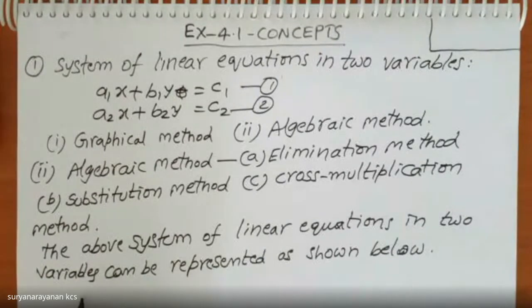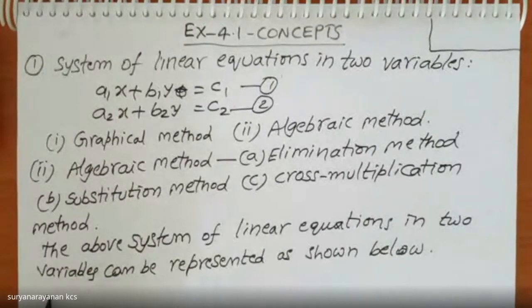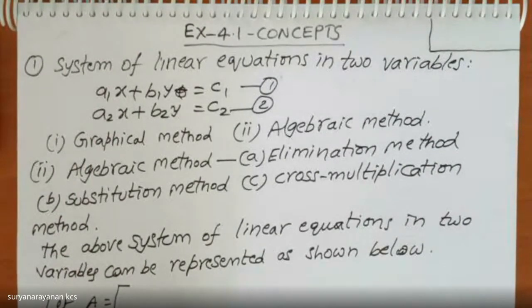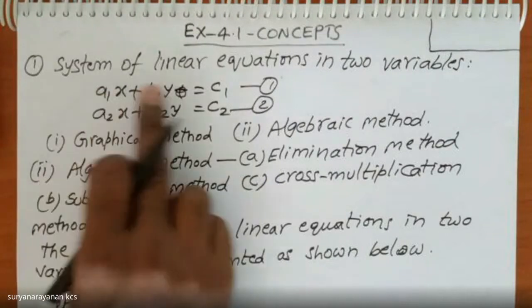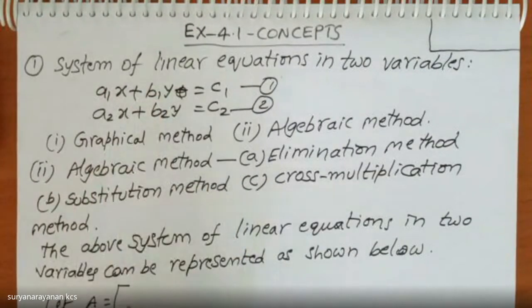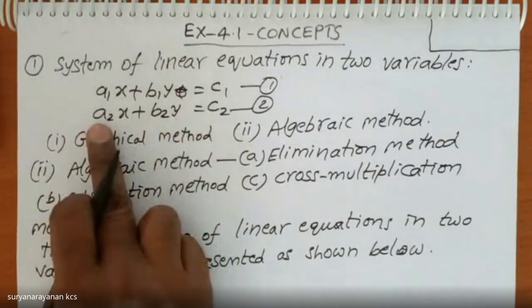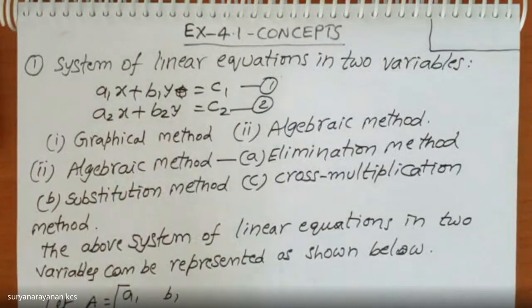We can represent these two system of linear equations as capital A is equal to the matrix of coefficients of x and y. In the first equation, we write the coefficients of x and y as the first row of this matrix, and in the second equation, the coefficients of x and y we write as the second row.